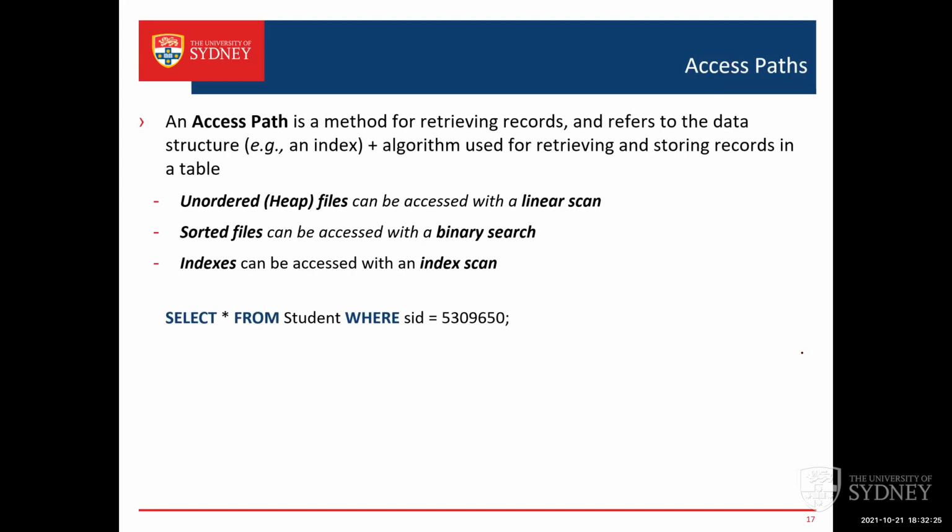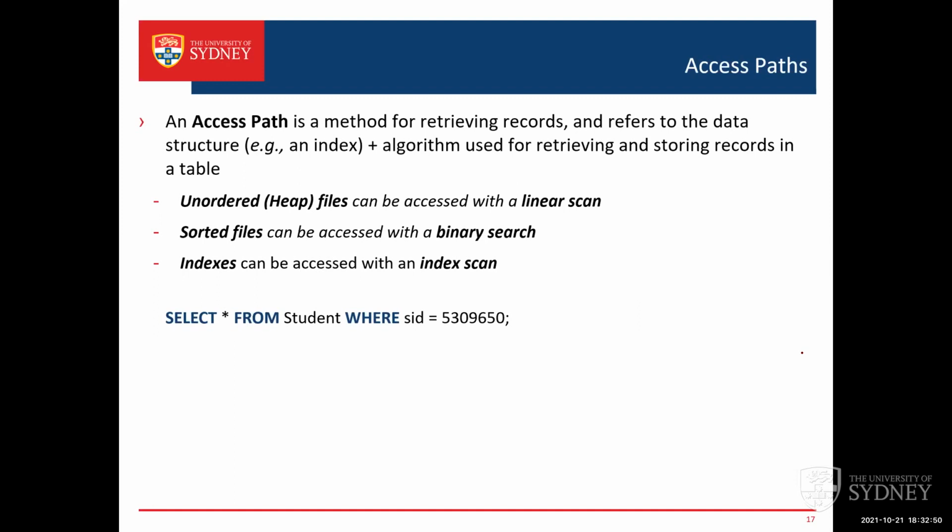Okay, so let's think about this query: select everything from student where SID equals something. We want to figure out the output of this query. Depending on how the data is stored, unordered, physically sorted, or logically sorted, whatever the structure is, the output will always be the same.